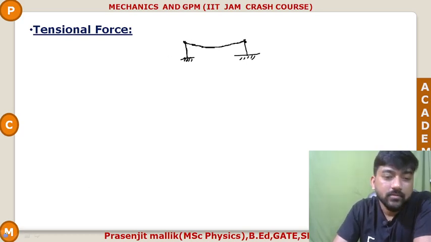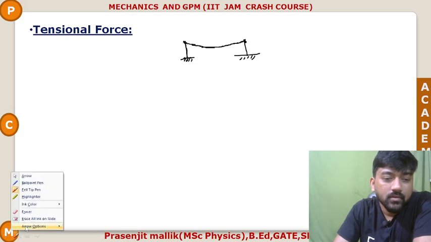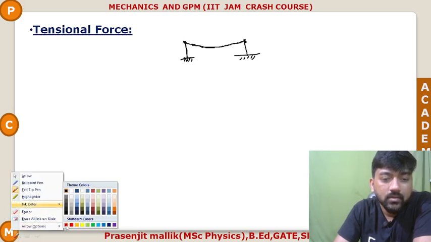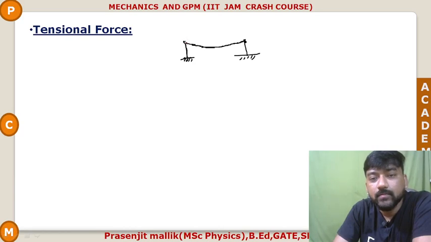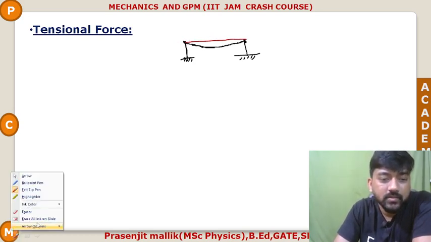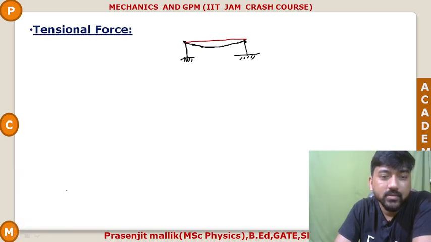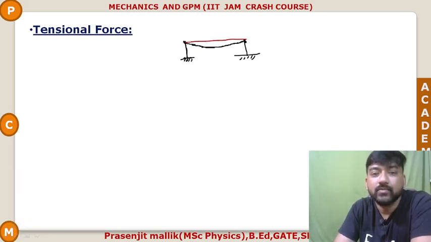Okay, but if you bind it in this way tightly, then you can say this is very tight. If you touch this rope, you will say that it is very tight, and that tightness in physics is actually the tensional force. So whenever the rope is in a tight state, then you can say that the tensional force will arise here. But when it is loose, no tensional force will arise. Why?